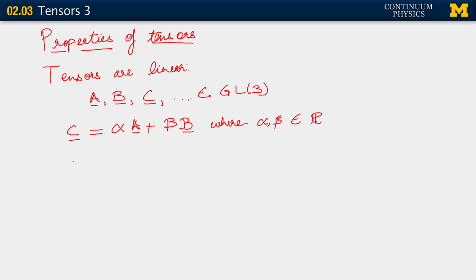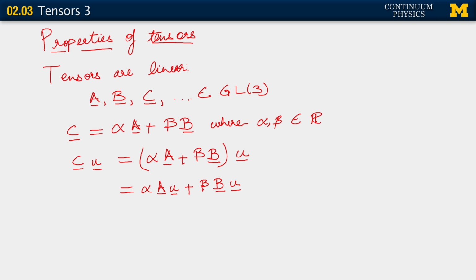So we consider C acting on U. C acting on U should be alpha A plus beta B acting on U. And to define this action, we say that this is simply alpha AU plus beta BU.